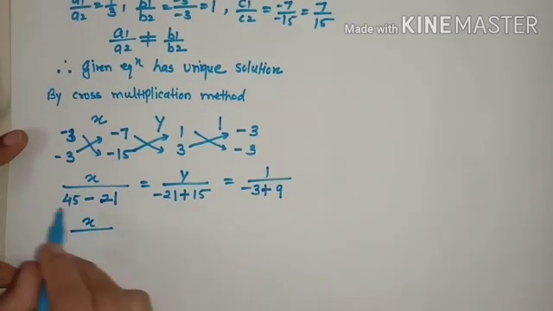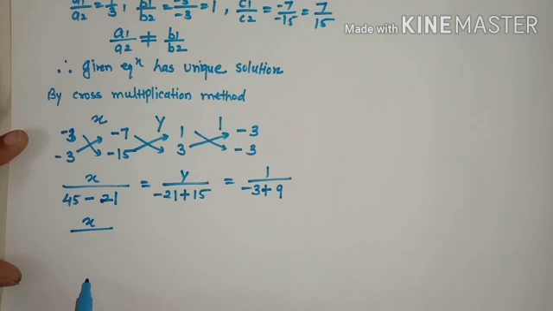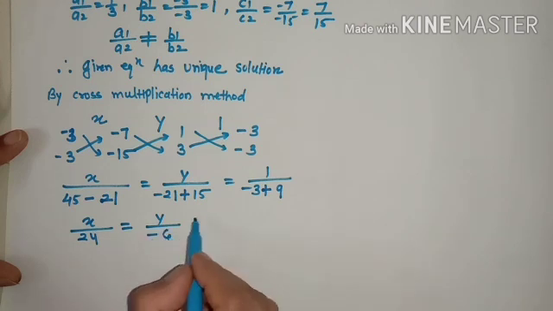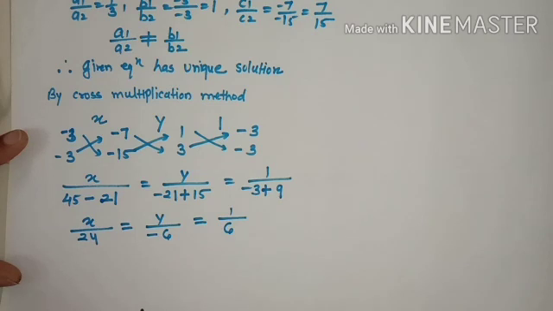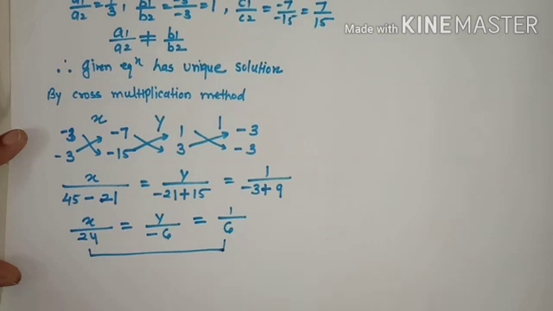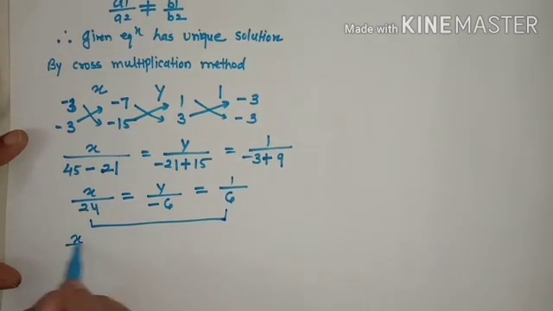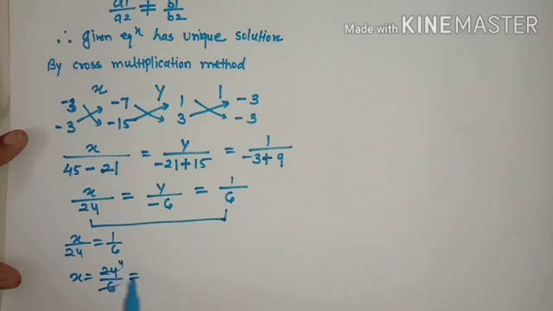Next step, x upon 45 minus 21, what will we get? 24, equal to y upon -21 plus 15, what will we get, student? -6, 1 upon 6. Now for finding the value of x, we will compare these two terms and we will get x upon 24 equal 1 upon 6, x equal 24 upon 6, and your answer, the value of x is 4.